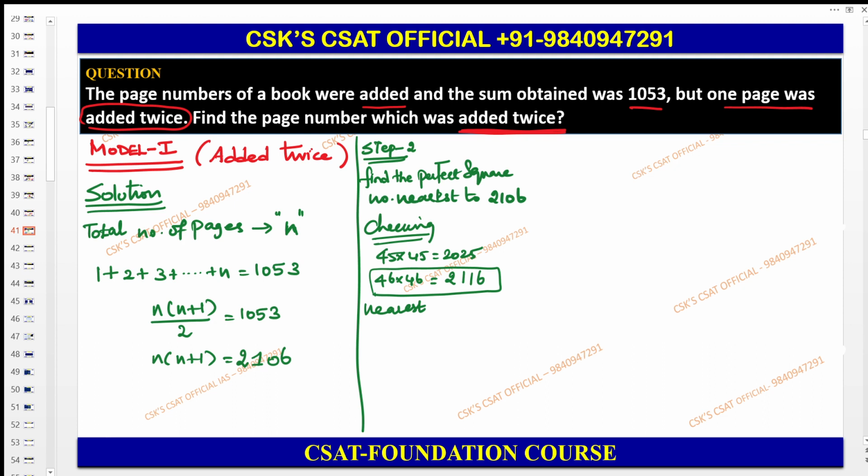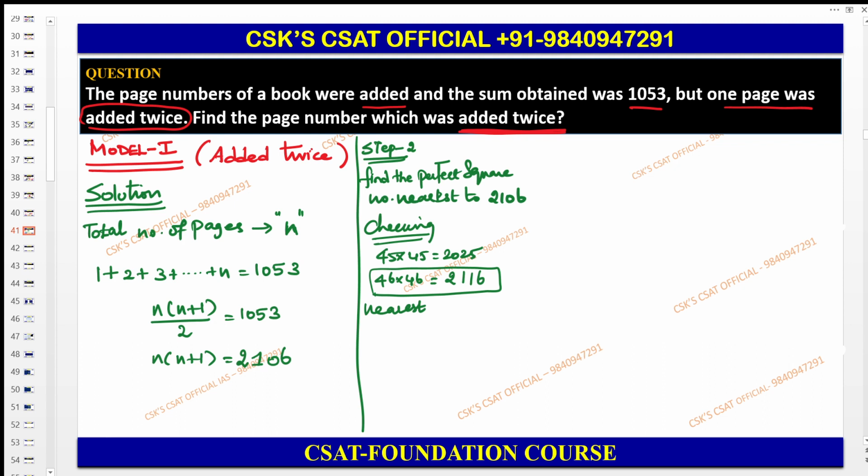Therefore, the sum is 1053. Similarly, 2106 also. Now, in this case, assume that if it is not added twice, obviously the sum is lesser than 1053.